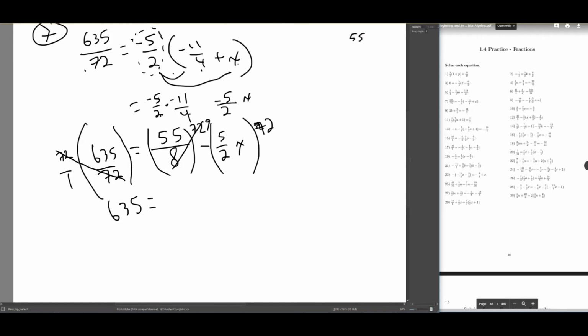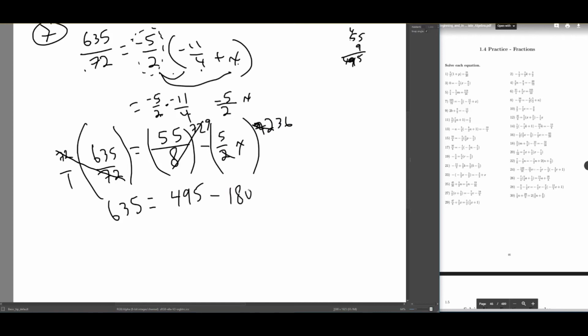This crosses out, that becomes 9, right? 72 divided by 8 equals 9. So 55 times 9 equals, I have no idea. 5, add the 4, 45, 495. Is that right? 495? Yeah. 495. All right.